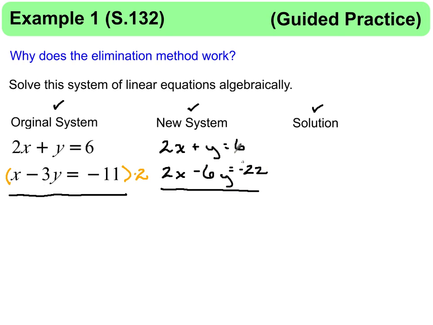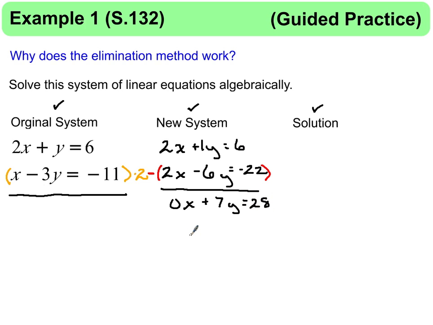Now what I can note is that if I was to put a minus sign in front of this equation here, I would be able to subtract these two and get 0. So 2x minus 2x is 0x, hence the elimination method. 1y minus negative 6y is a positive 7y, and then 6 minus a negative 22, so 6 plus 22 is equal to 28.